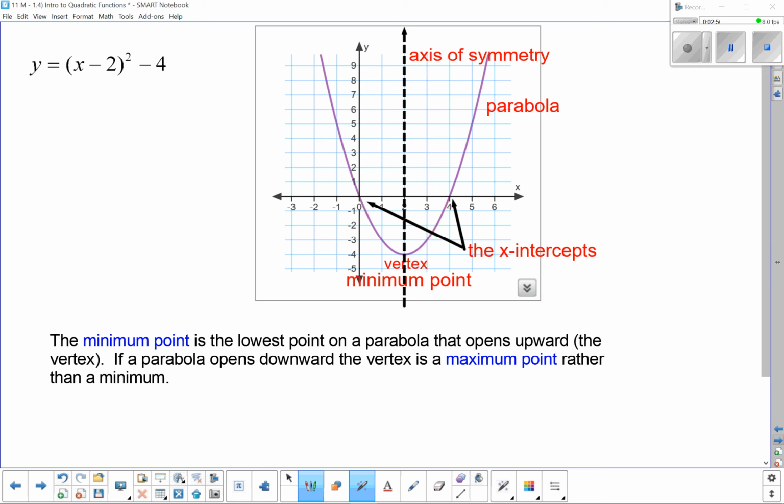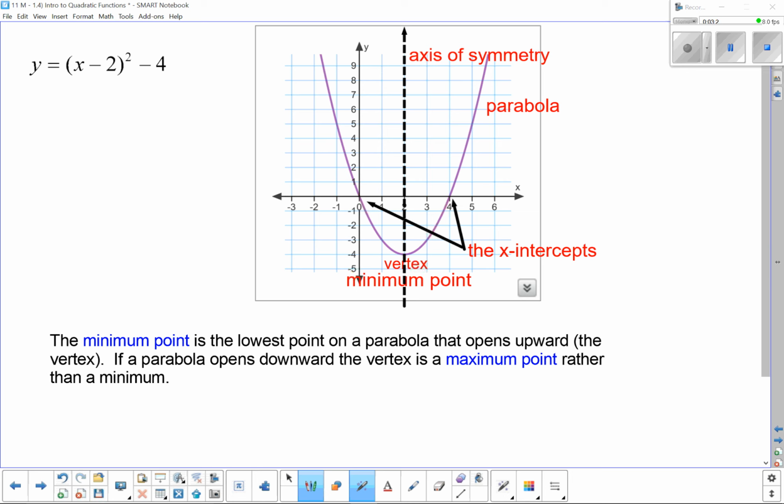There is an axis of symmetry, which is unique to parabolas, in the sense that parabolas are very symmetric, so that if you cut them in half through the vertex with a vertical line, you can fold them over and they will overlap. Because of that, the left and right sides are very symmetrical.